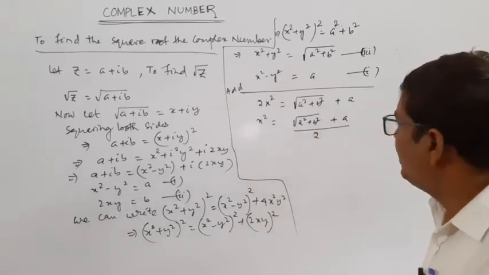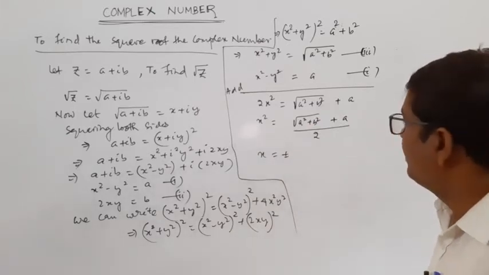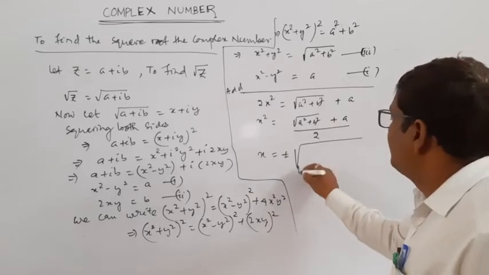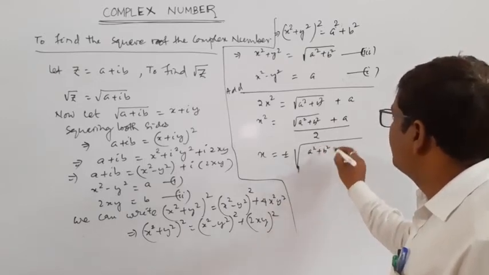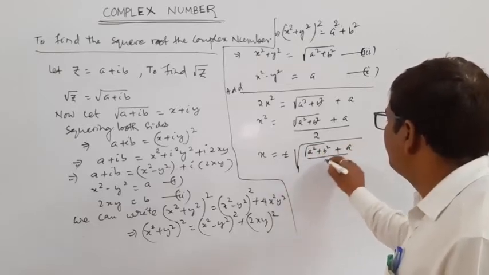So x is equal to plus or minus the square root of (square root of a² + b² plus a) by 2.